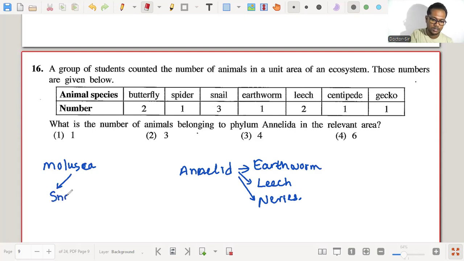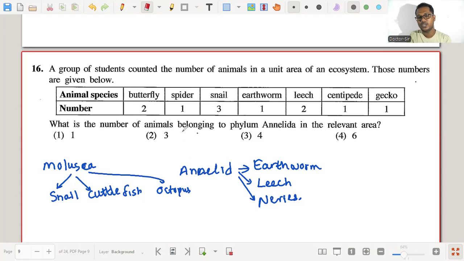Yes, snail, then cuttlefish, then we can tell another, octopus. Okay. So here the butterflies, spiders, they belong to what group? Arthropoda. Yes. You should know about the arthropoda group.